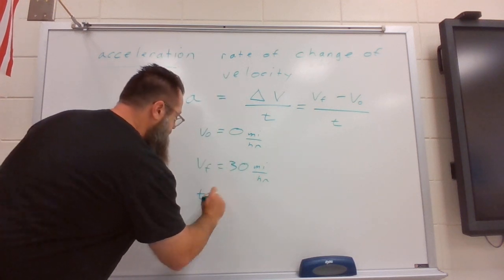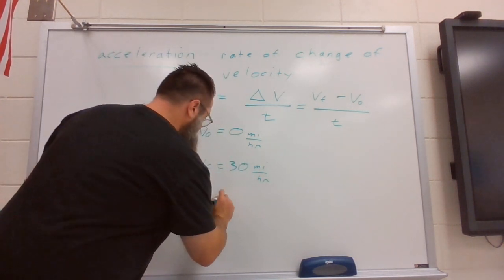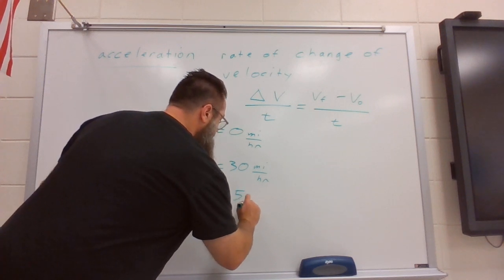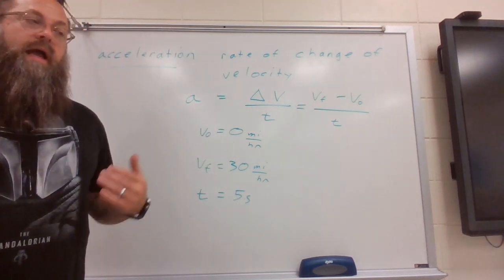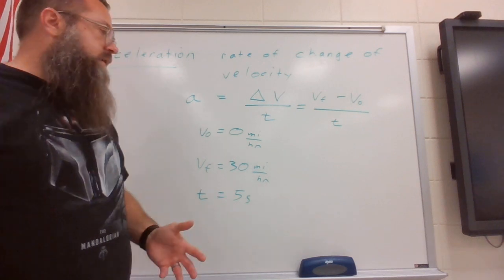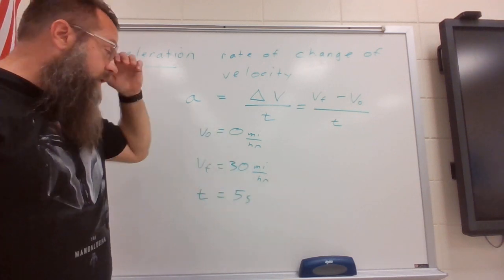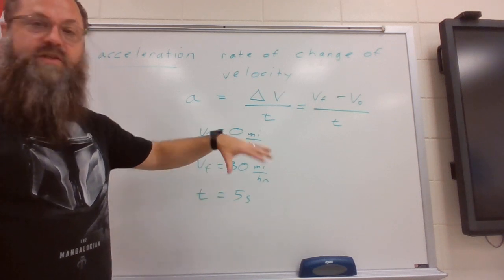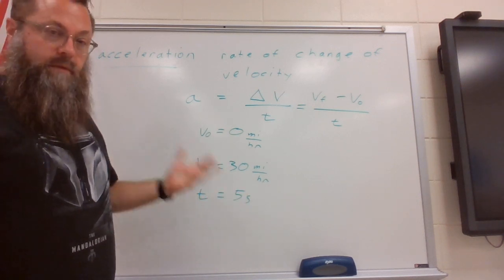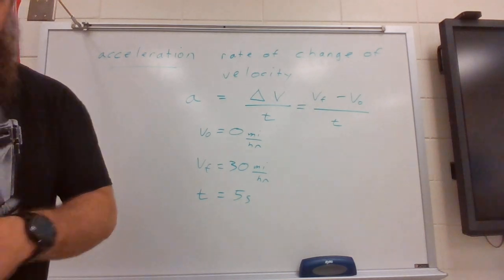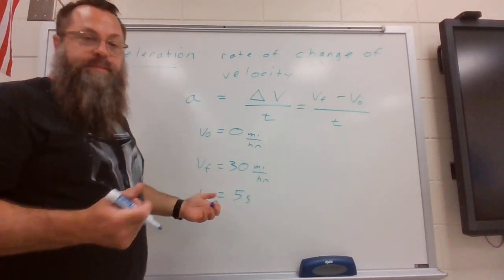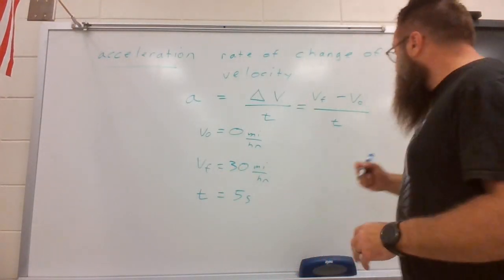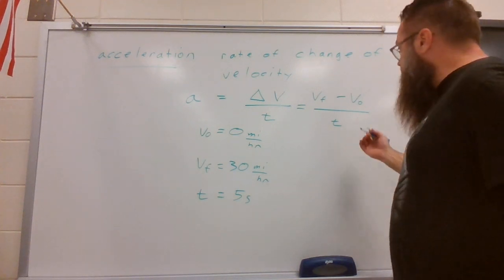How long did it take to do? We just made up a time of 5 seconds. So what is the acceleration of this car to go from 0 to 30? If it takes 5 seconds, what is that rate of change? What is that acceleration? So now I'm going to plug these numbers into this formula. I'm going to change to blue because I'm substituting stuff in.